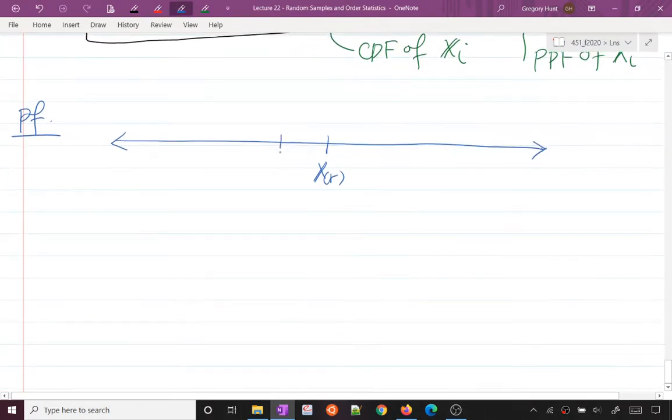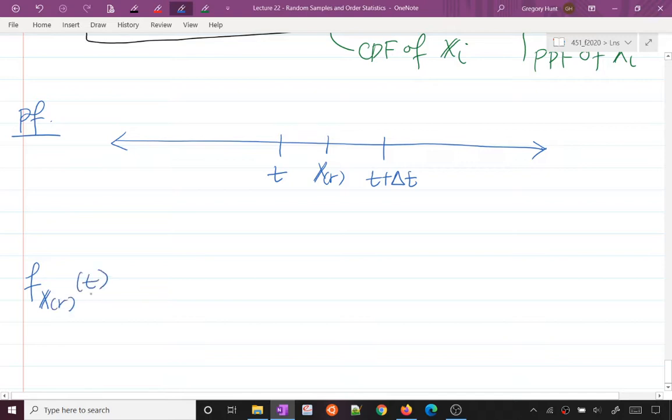I could think about some interval t to t plus delta t, and look at the probability that x of r is in that interval, and then shrink delta t to 0.